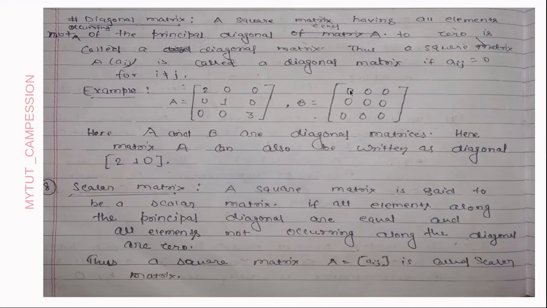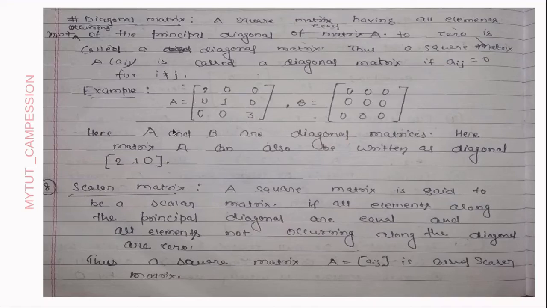The principal diagonal elements may or may not be 0, and we can say it is a diagonal matrix if all elements other than the principal diagonal are 0.